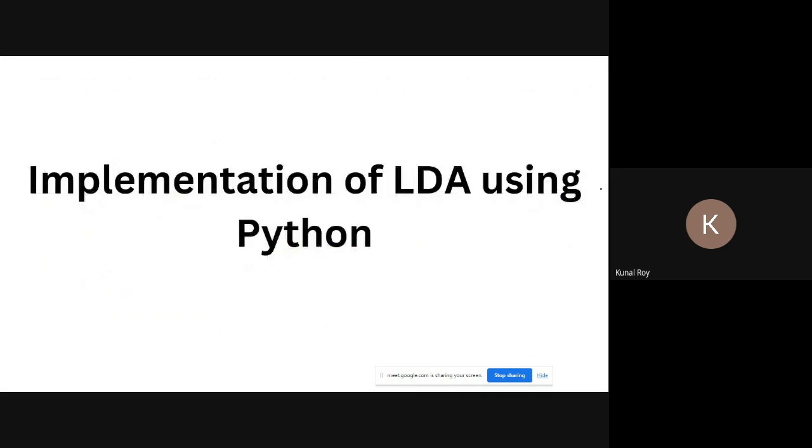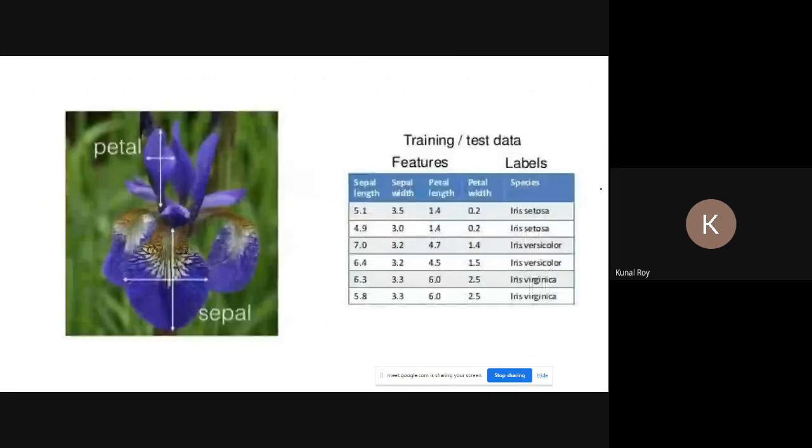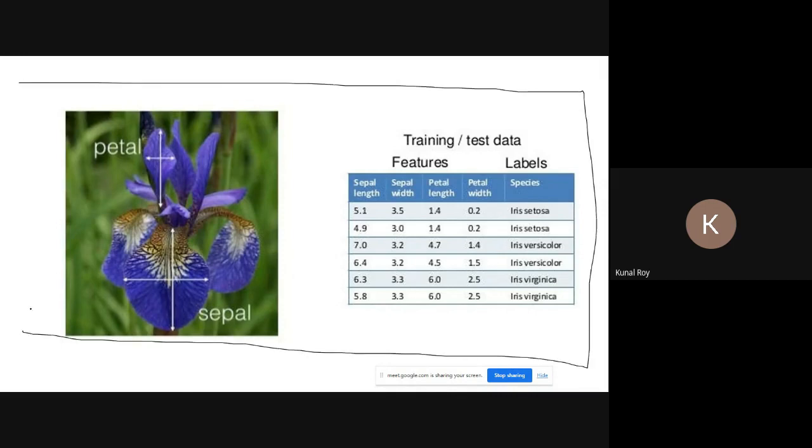So I have implemented one thing. Before implementing, I have to explain that I will implement this linear discriminant analysis for iris data classification. I want to classify iris data. Now, what do you mean by iris data?